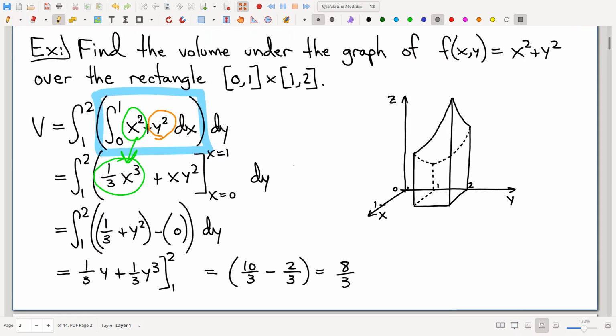So this y right here, and therefore this y squared, is constant. And the antiderivative of a constant is constant times the variable, the variable being x because it's a dx integral. Everybody on board? Easy to mess that up.